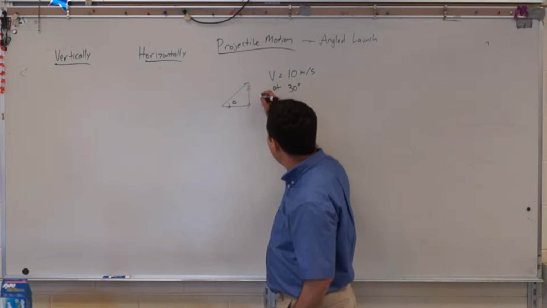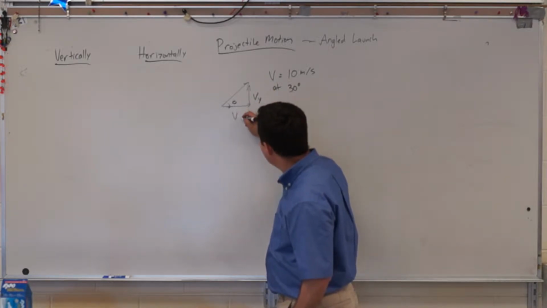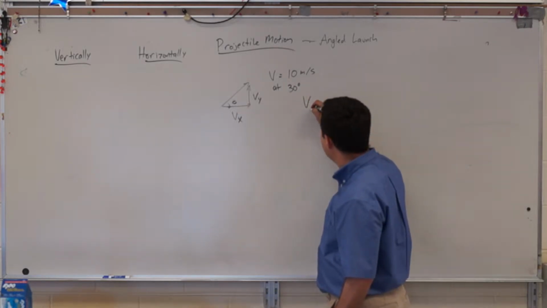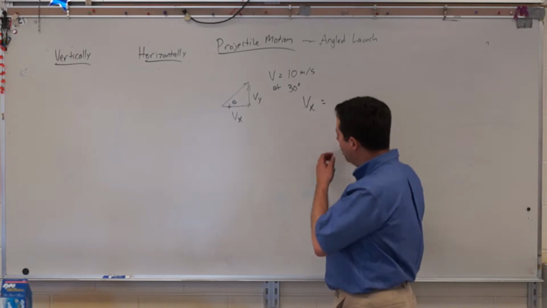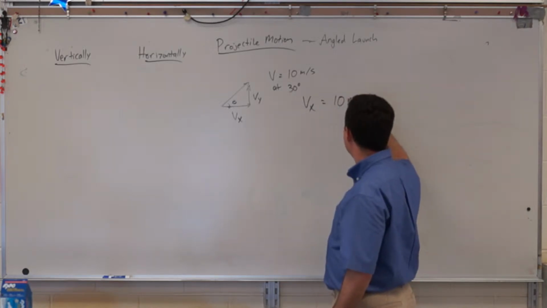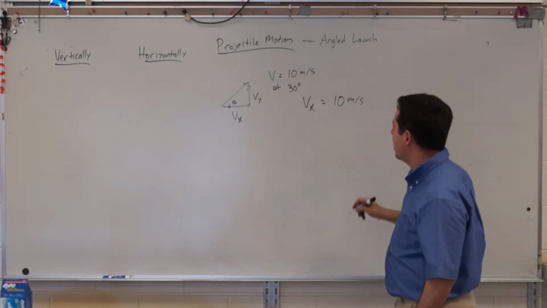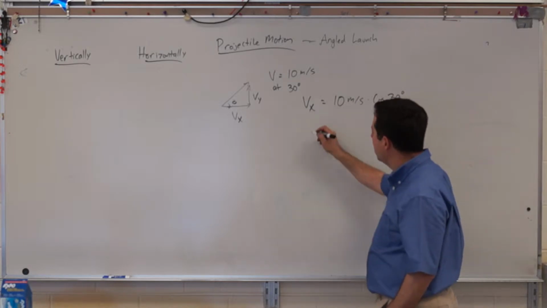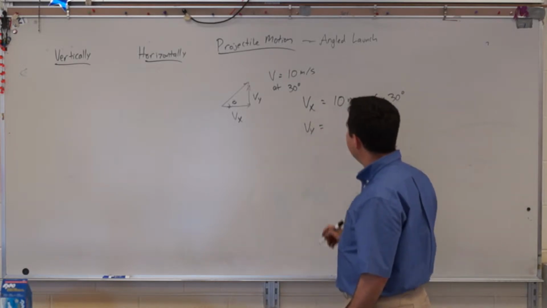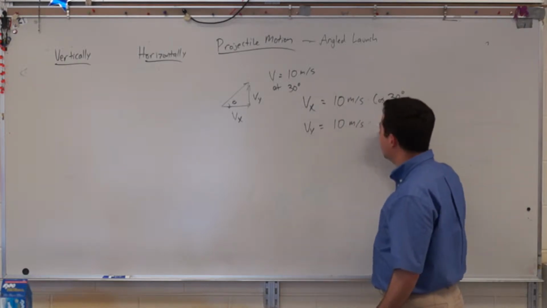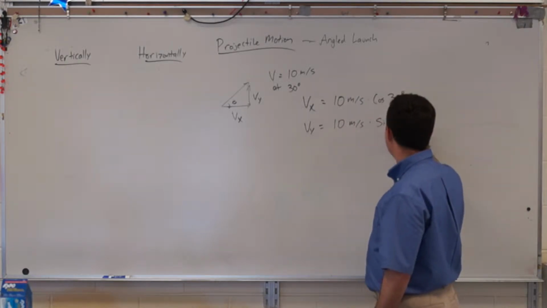There actually is a vertical and a horizontal component to that velocity vector, a v sub x and a v sub y. You find out that v sub x is equal to the vector 10 meters per second times the cosine of the angle, cosine of 30 degrees. V sub y is then equal to 10 meters per second times the sine of 30 degrees.